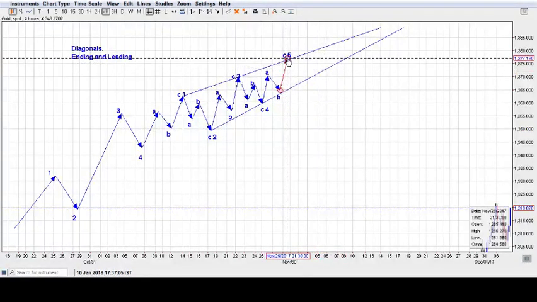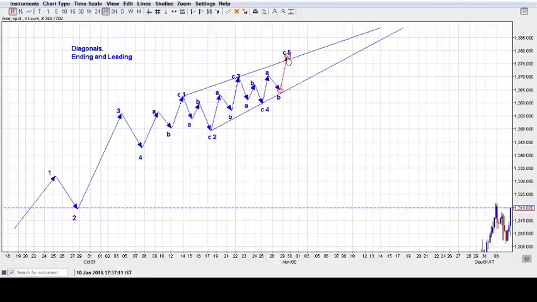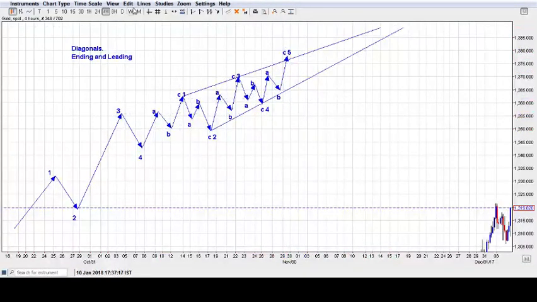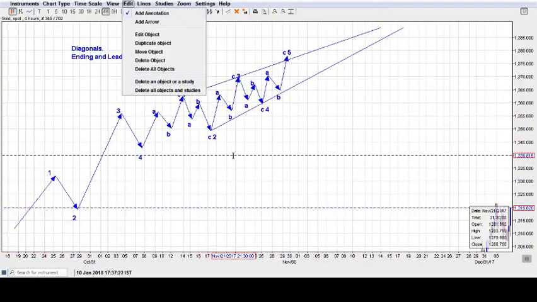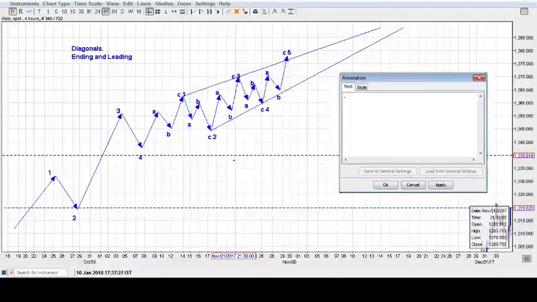Basically, the more important points that we need to remember for an ending diagonal are these. Point number 1: they unfold into 5 waves, very obvious, since they are a part of a type of motive wave.